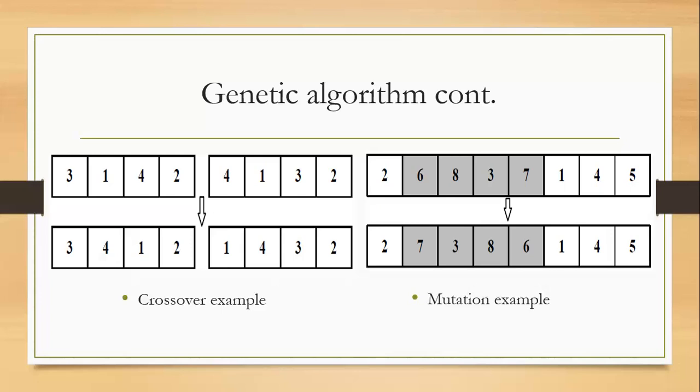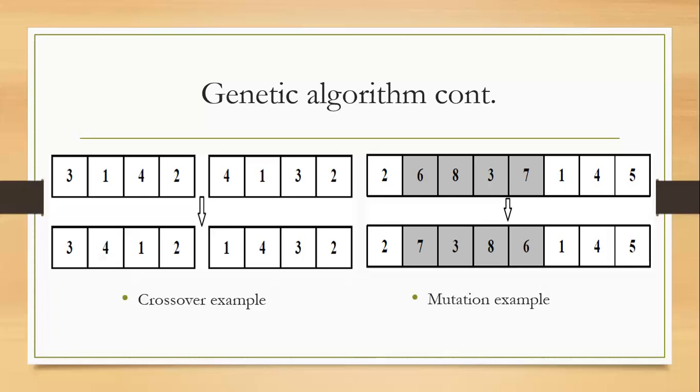In the mutation process, a new chromosome is generated from one candidate, which is randomly selected at a given probability. In this process, a subsequence is randomly chosen. Then the numbers in the subsequence are swapped from left to right. A simple example is shown in the figure on the right.